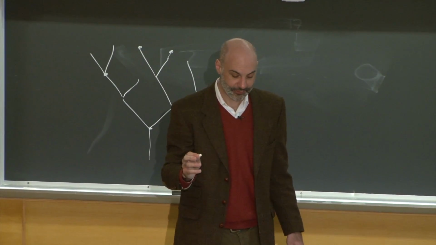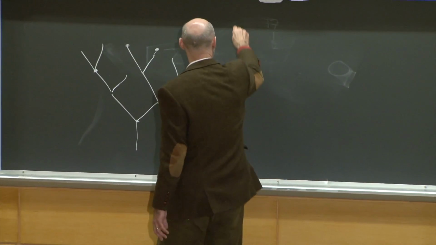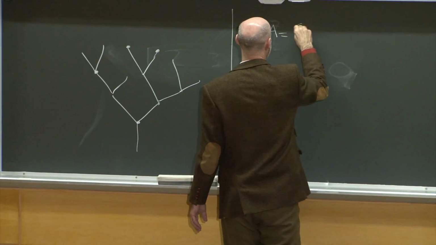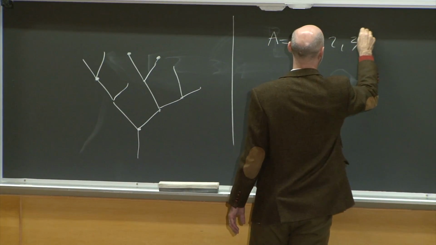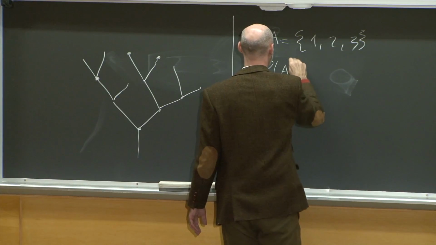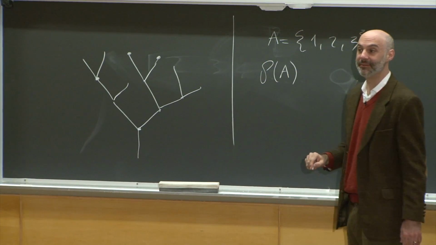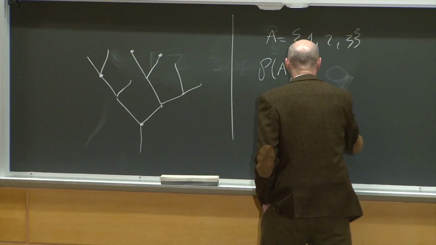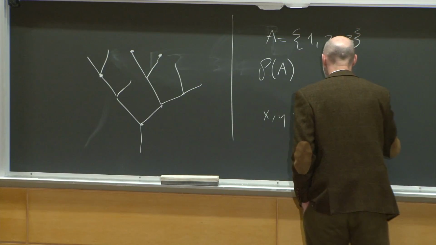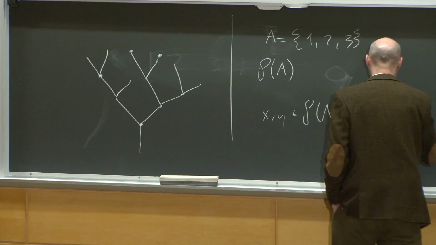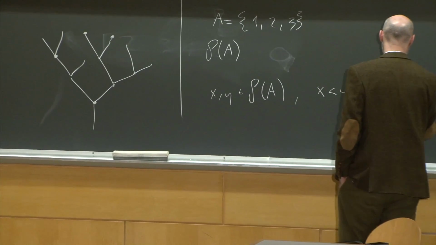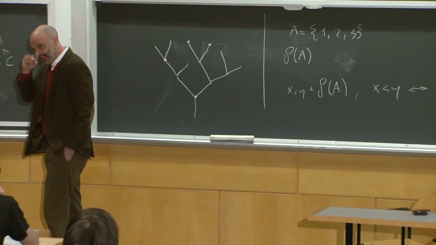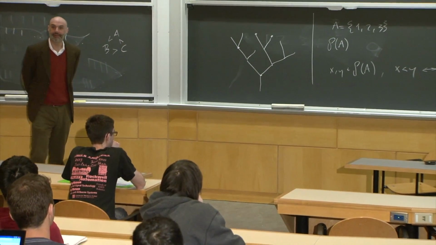What about this? This is slightly different. Take some set A. Say that A is {1, 2, 3}, and take the power set of A. Then say that if X and Y are in the power set of A, then X is smaller than Y if and only if X is a subset of Y. Is that a linear ordering?